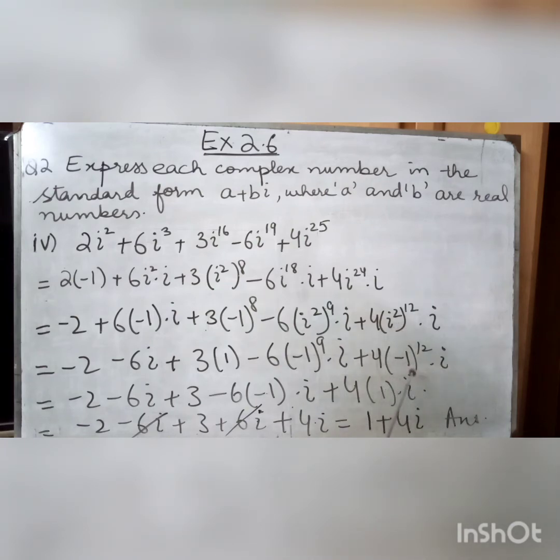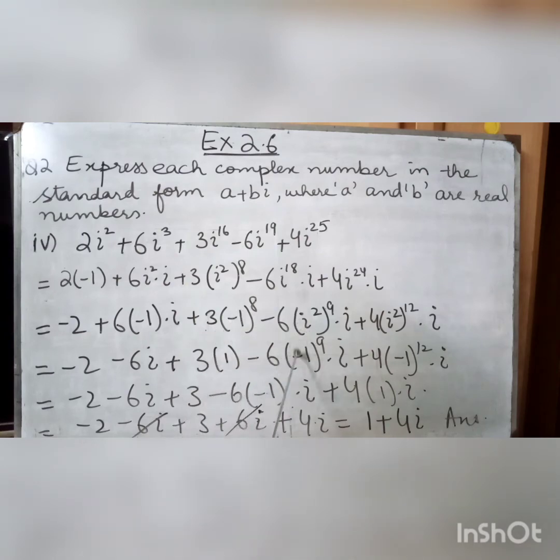After simplification of this expression, we have minus 2, minus 6 iota, and minus 1 becomes positive due to this even number.